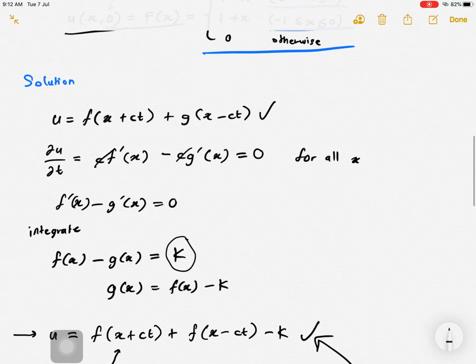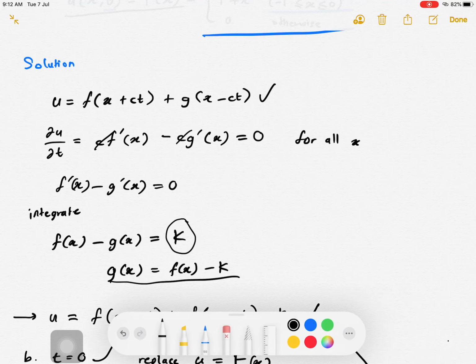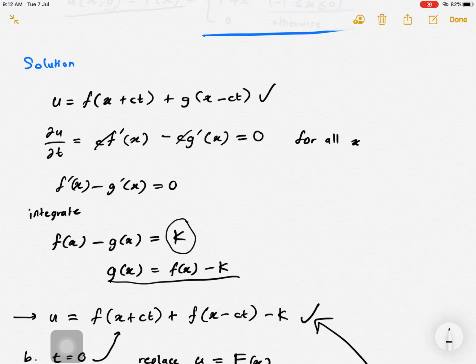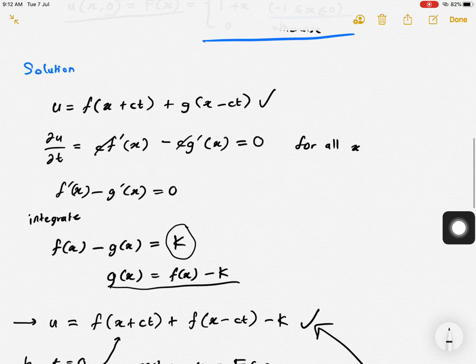Okay, and then we can arrange so that g is in terms of f and k right here. Okay, and now after we get the function of g, we substitute this equation back to the original equation right here.